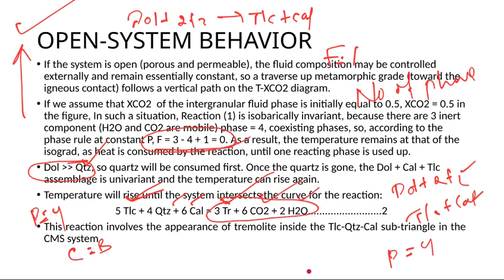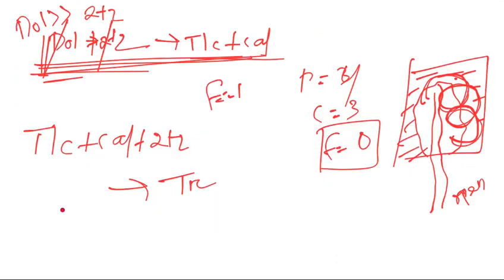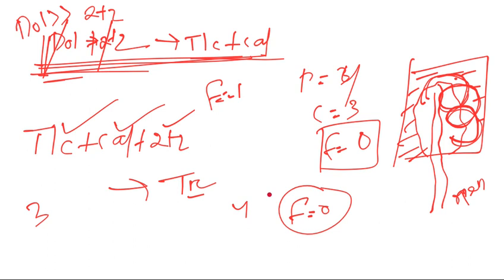Okay, everyone getting this? This will form tremolite. Now the same situation is here: talc, calcite and quartz are three phases, and tremolite is the fourth phase. The degree of freedom is equal to 0. Now one thing is to be exhausted here. After that only the reaction proceeds. All are getting it now?